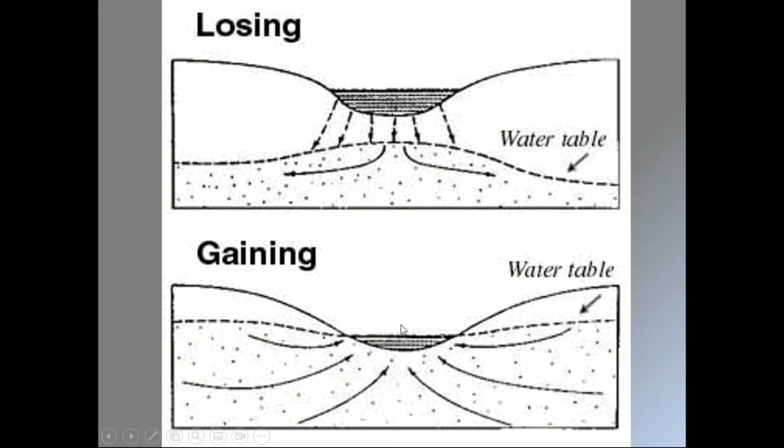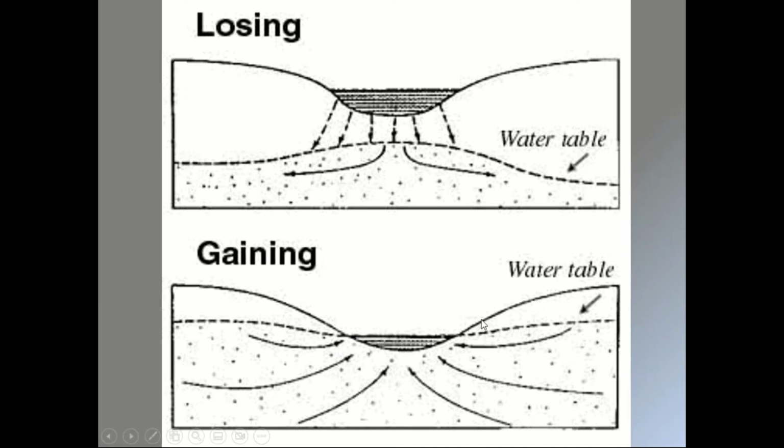Or we have a gaining stream, in which the water in the stream channel itself is being fed by the water table. And a gaining stream is typically why we see water flowing in desert areas. Even if it hasn't rained in months, there's still water in the stream because the water table is feeding it.